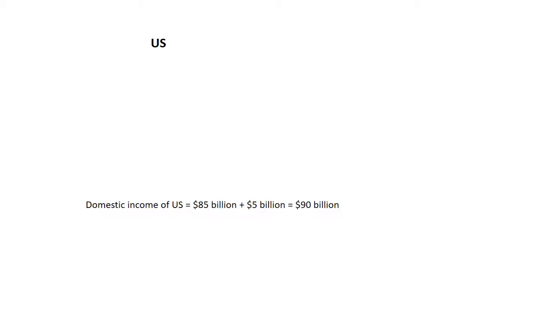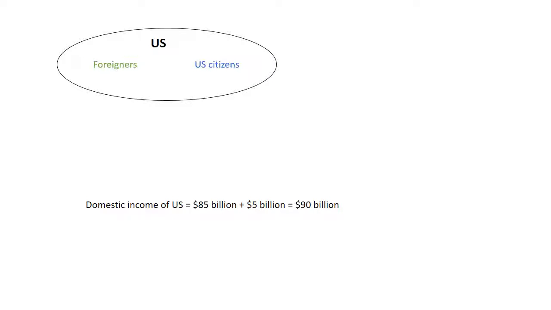To understand the relationship between domestic and national, look at the following. Suppose in the US we have foreigners working, people like me earlier, and we have US citizens. And US citizens earn about $85 billion a year in terms of income.